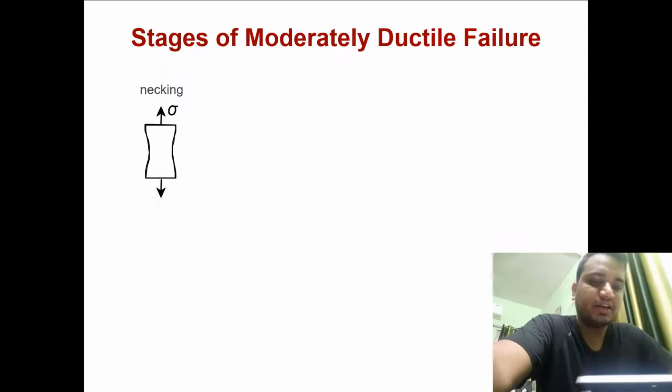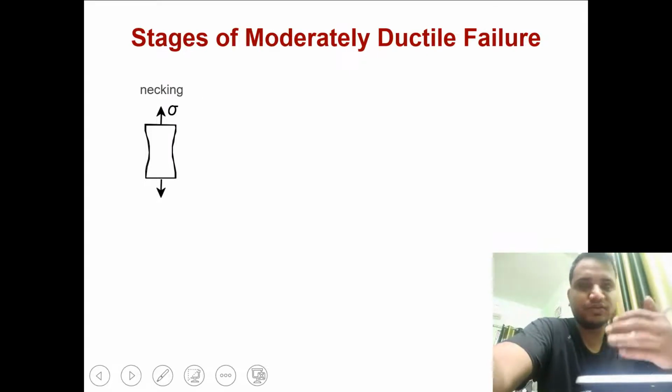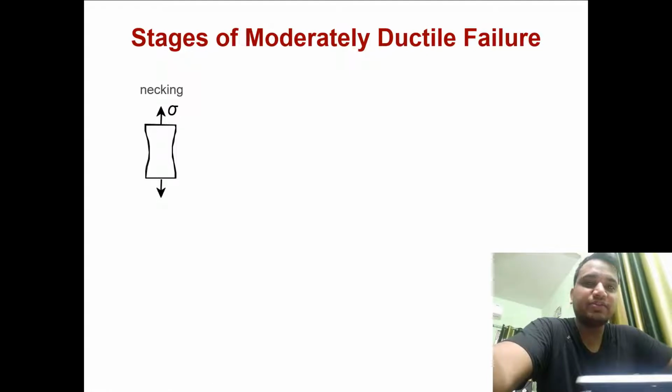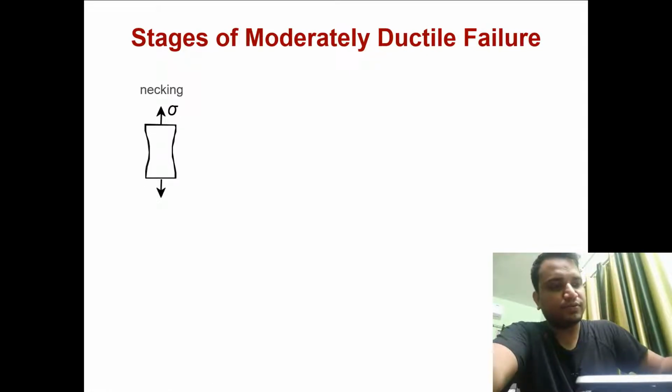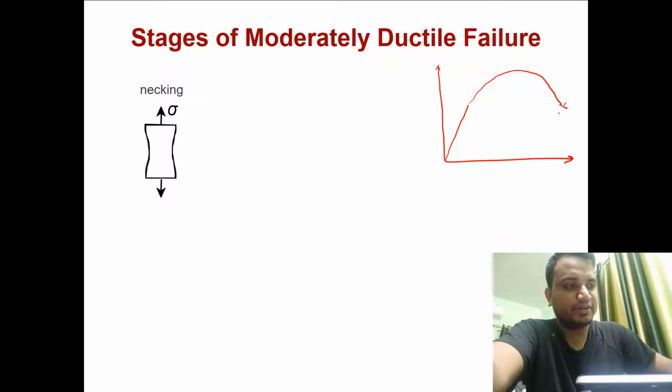So basically the ductile failure. In the case of ductile failure, there is a specimen, we are applying the force. So what happens, the thinning will happen, and the thinning is called necking. If you remember this stress strain diagram, it was something like this, right?